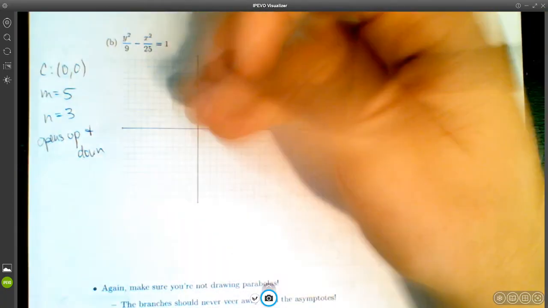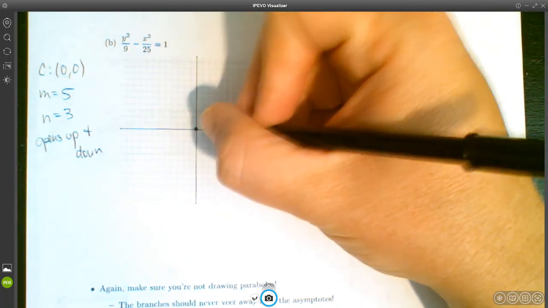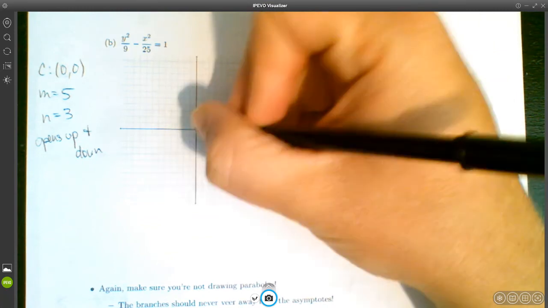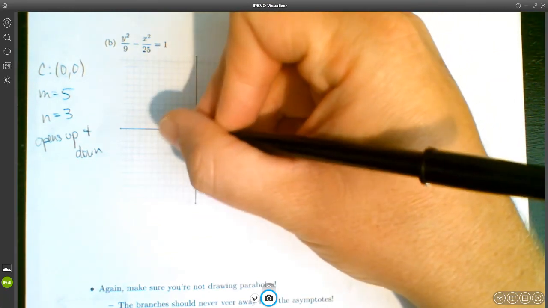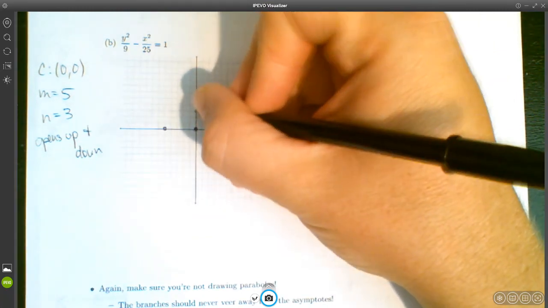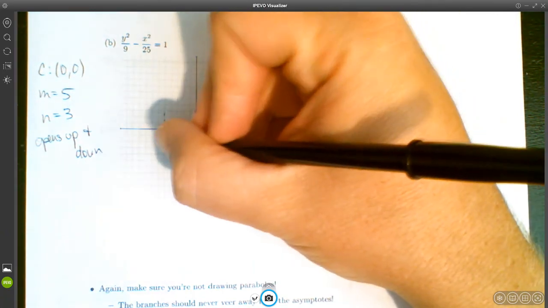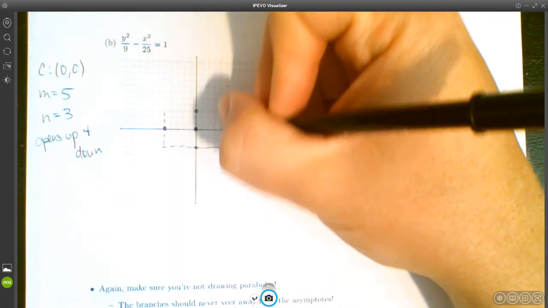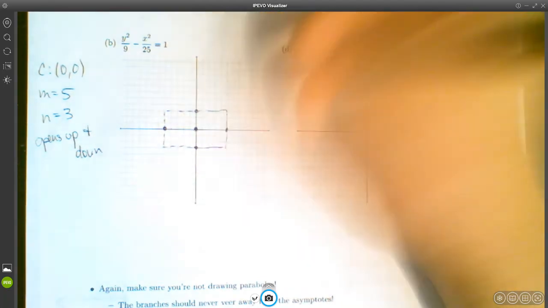Okay? So we plot the center, 5 units left and right of center, 3 units above and below center. Don't draw any ellipse, draw a box. Then draw in your asymptotes. They're the diagonals of the box.